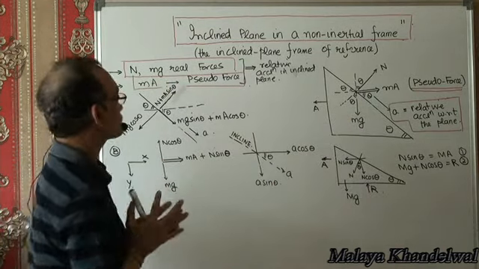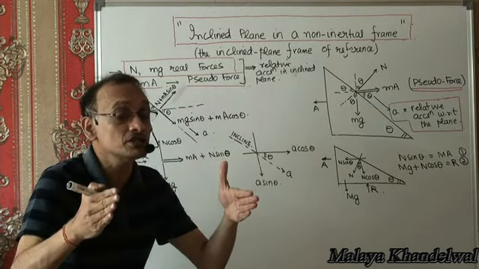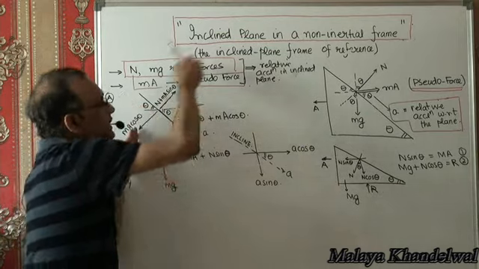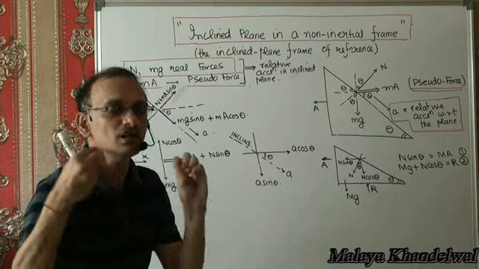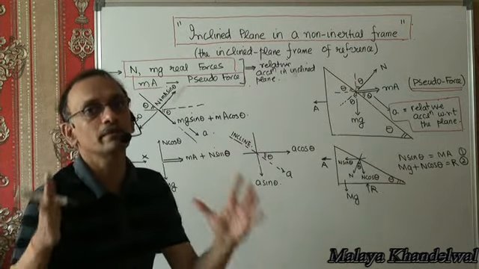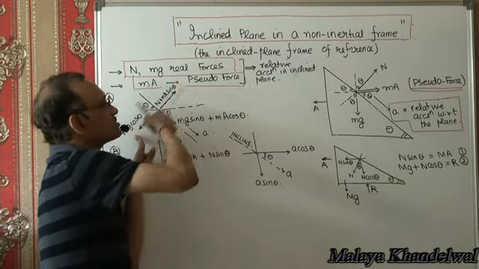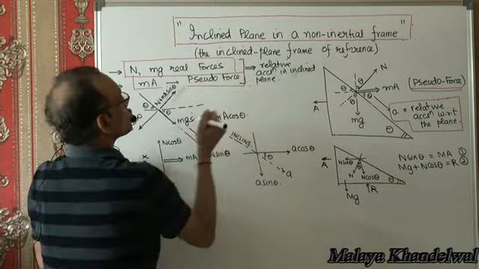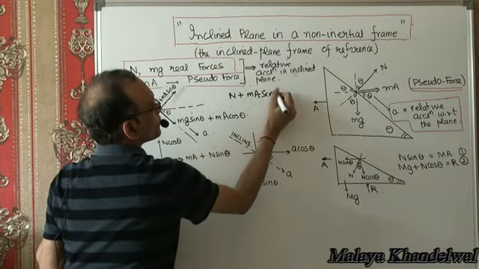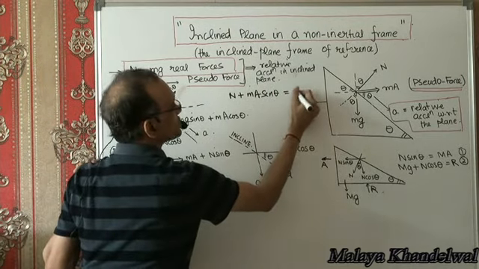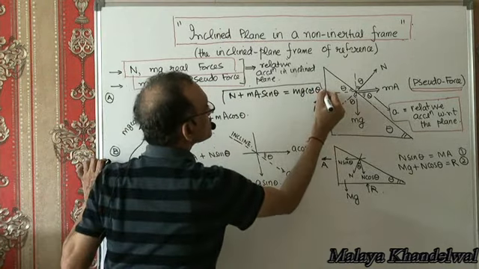The relative acceleration of small m perpendicular to the plane has to be 0, keeping in mind the wedge constraint, so that small m maintains contact with capital M. So the net force in this direction is 0: N plus mA sin theta must balance mg cos theta.